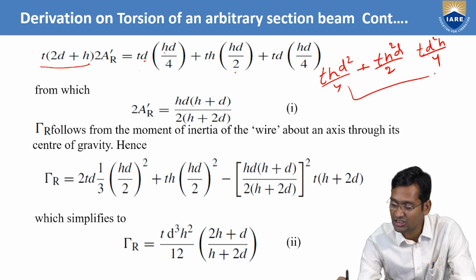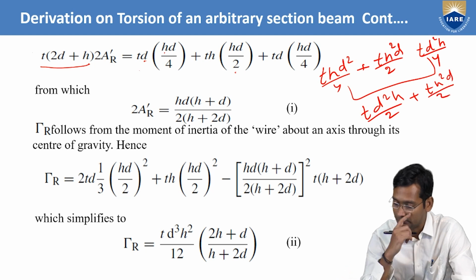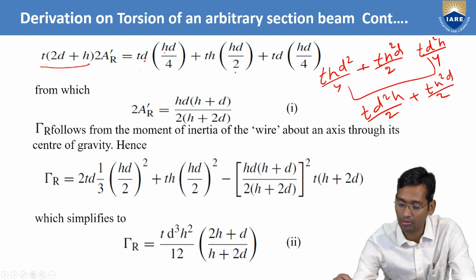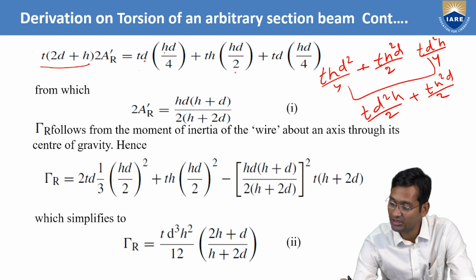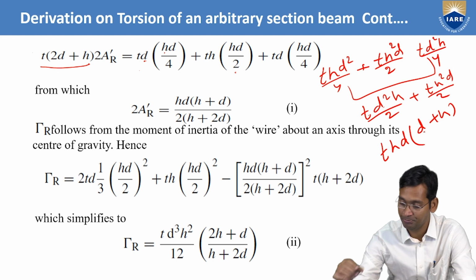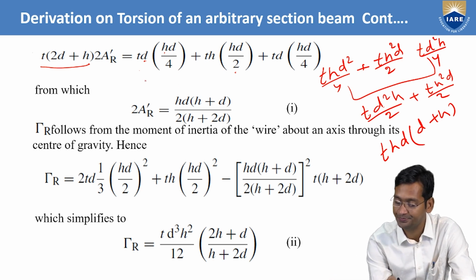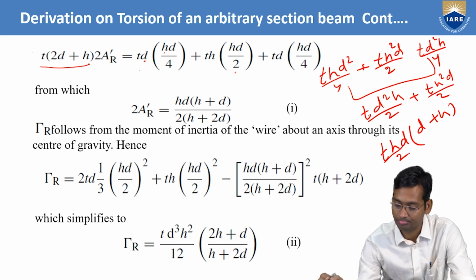If we add these two, we get t d square h by 2 plus t h square d by 2. Now what can we take common? hd we can take common, so t h d taking common. What is left here? This will be d, this is h. So t into hd into d plus h by 2.